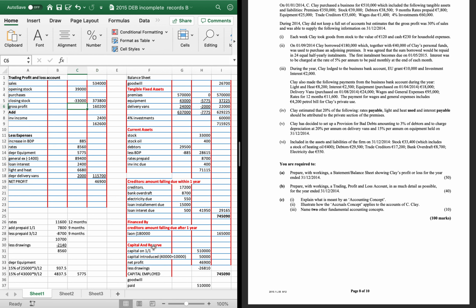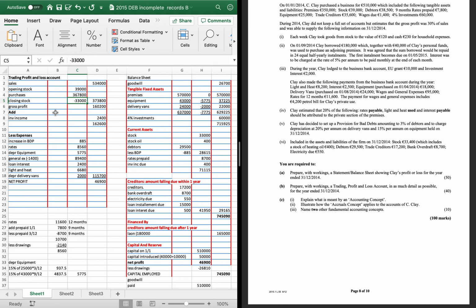So same as with finding the net profit there, we're going to start with this 373,800. We're going to add back on the closing stock and take away the opening stock to find out what our purchases is. So it's 373,800. Add the 33,000 and take away the 39,000. That gives you 367,800.